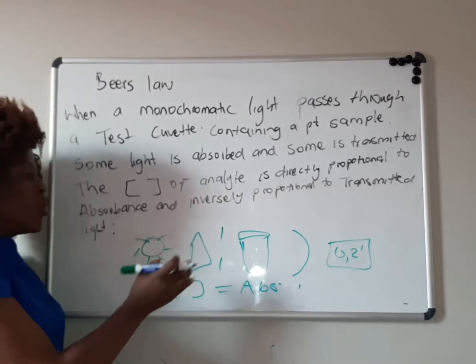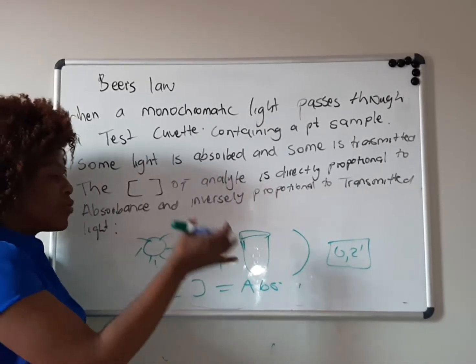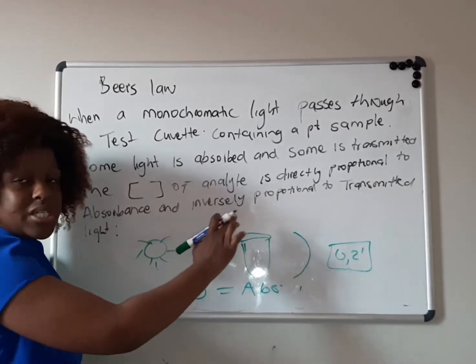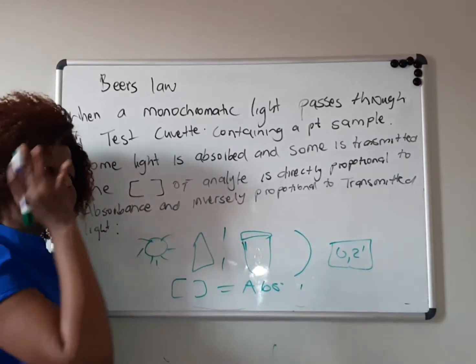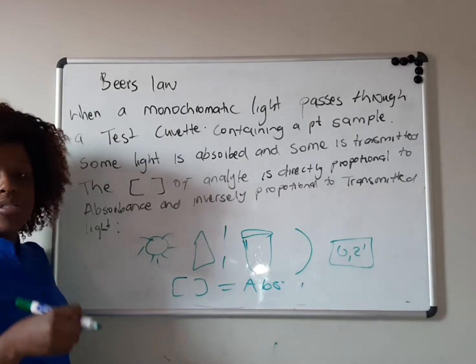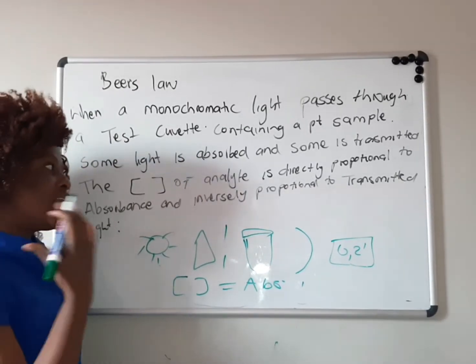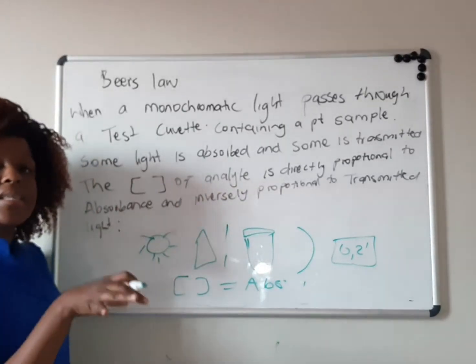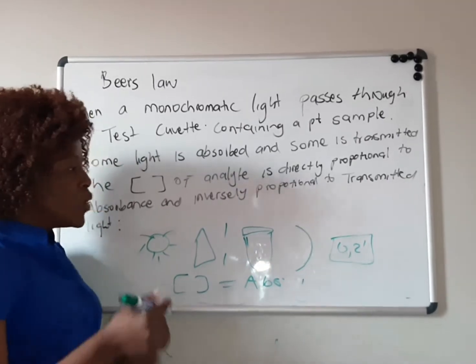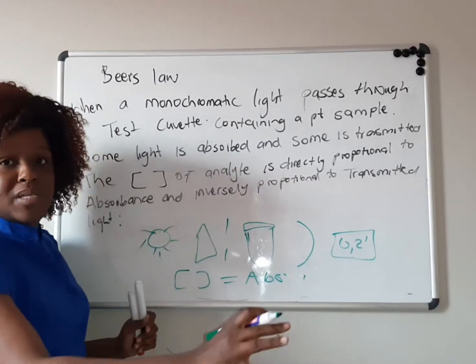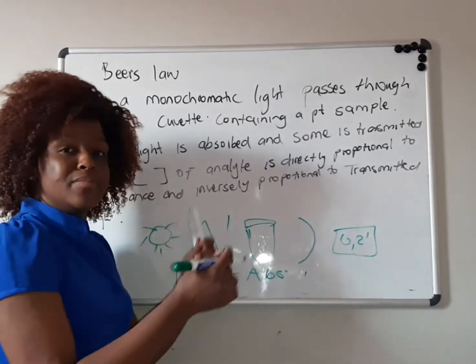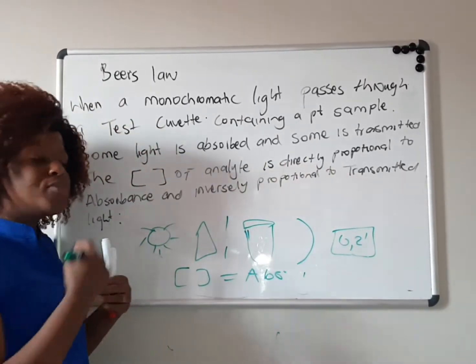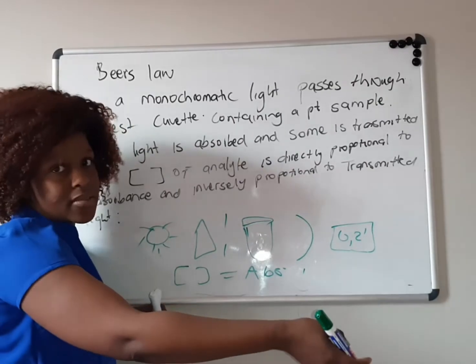So when we say inversely proportional to transmitted light, what we mean is that the more light transmitted, the lesser the concentration. The lesser the light transmitted, the higher the concentration, because the light will either be absorbed or transmitted. So when you have an increased concentration of the analyte, more light will be absorbed and less light will be transmitted.